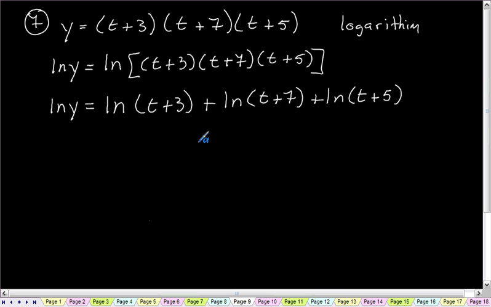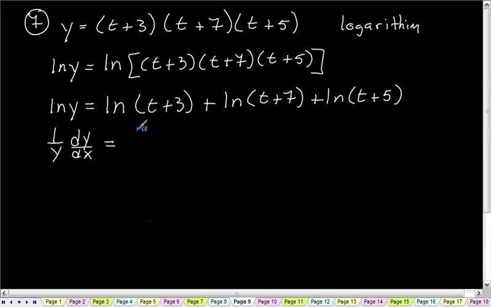Now when you take the derivative of both sides, the derivative of the left is 1 over y times dy/dx. Take the derivative of the outside, which is ln, 1 over whatever the value is, times the derivative of what's inside, the derivative of y, which is dy/dx.